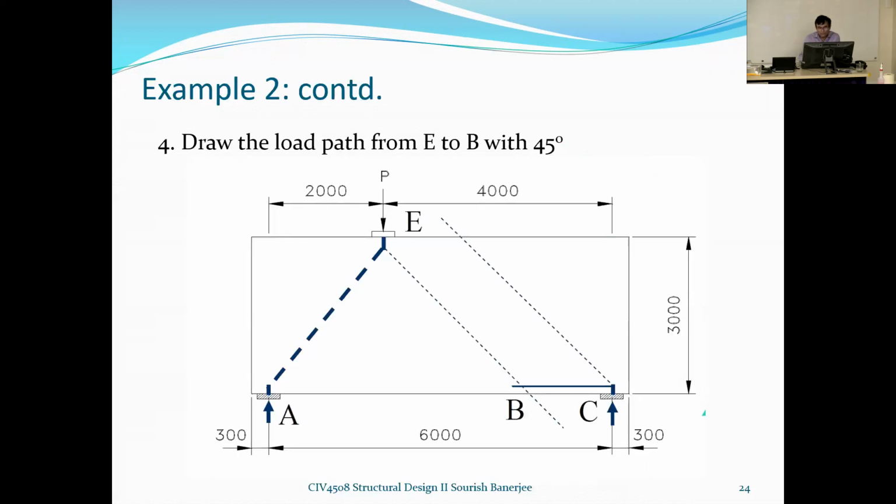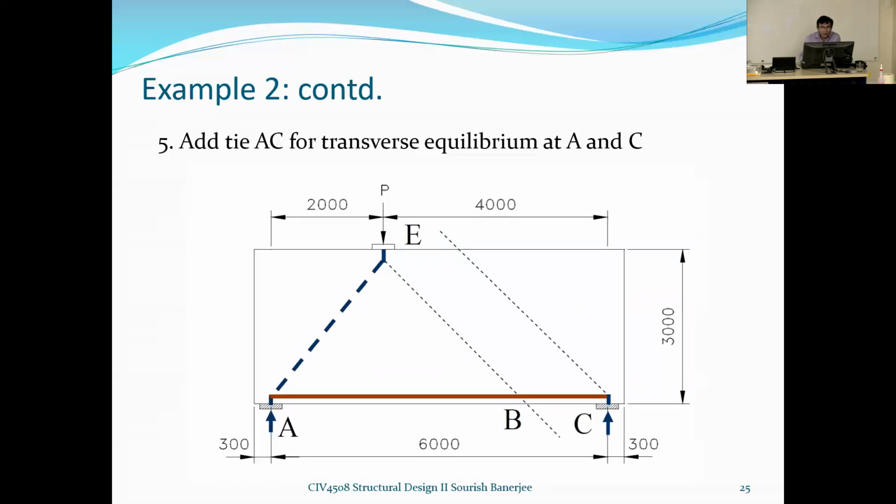And then draw the load path from E to B with 45 degrees. That means this line is parallel to that. And then we connect this AC, add tie AC for transverse equilibrium at A and C. A, C, B, every node should be in equilibrium.